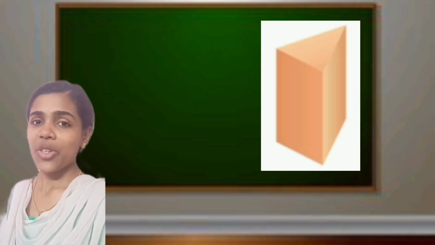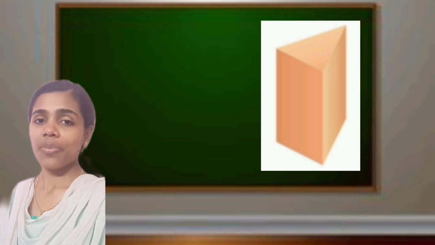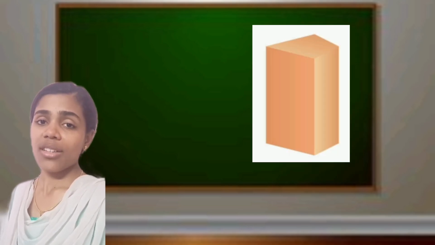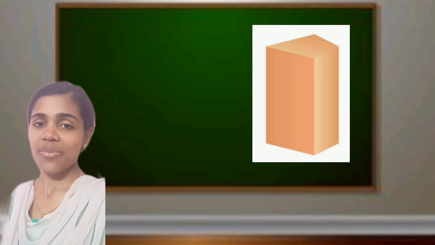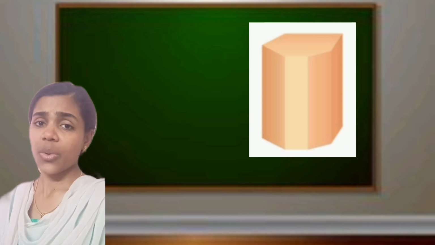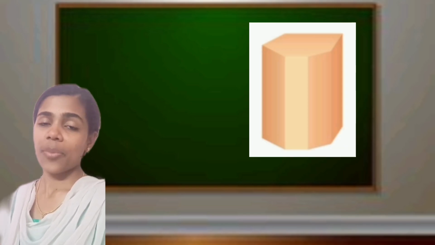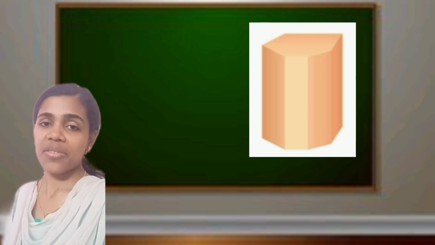Here, in this picture, equal triangles are at the top and bottom and three rectangles on the sides. In this figure, the quadrilaterals are on the top and bottom and four rectangles on the sides. And in this figure also, the hexagons are at the top and bottom and six rectangles are on the sides.